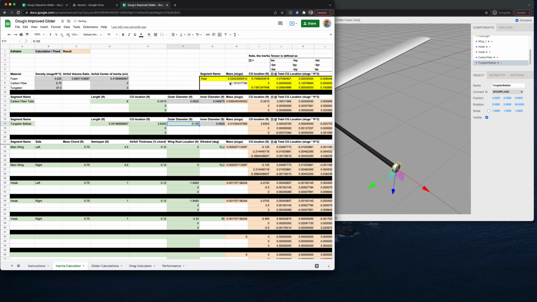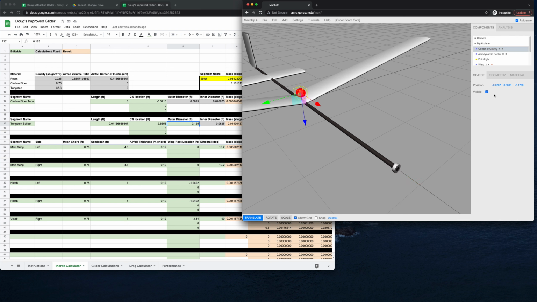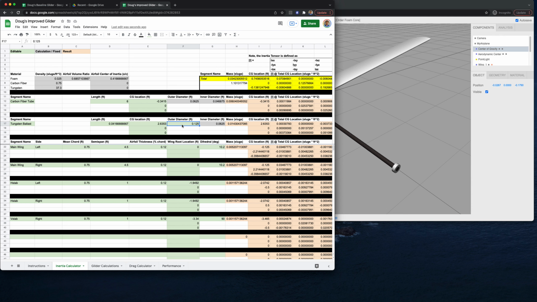And now that's going to move my CG location. So I can now change the outer diameter of this guy because I need my CG. Remember, if I come back here to my center of gravity, I need that to be at minus 0.056. I guess it's wrong in this particular thing. What I'm trying to get that to is minus 0.056. So now I'm just going to change the outer diameter of this thing. Of course, I could change either the length or the width of this washer, or the outer diameter, to whatever I want, as long as it's greater than the 3/4 here, so it can slide on.